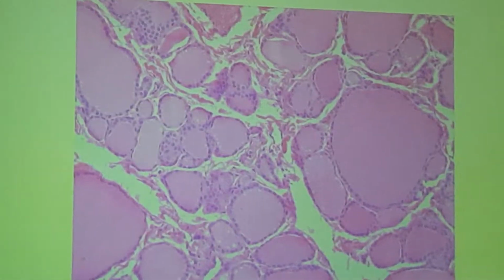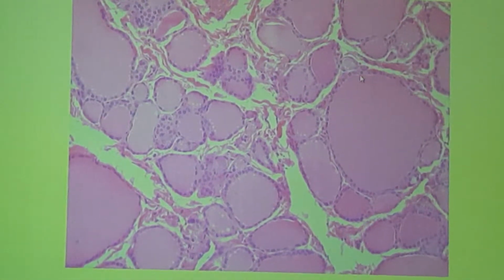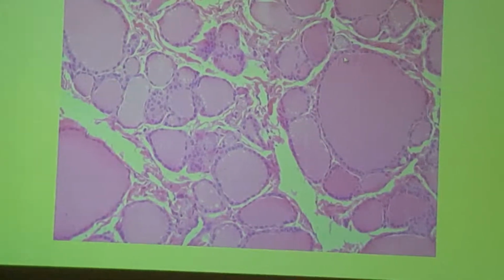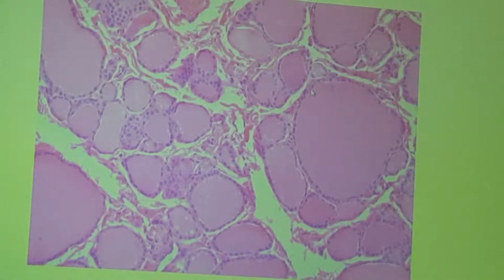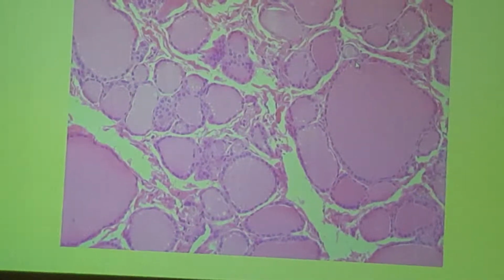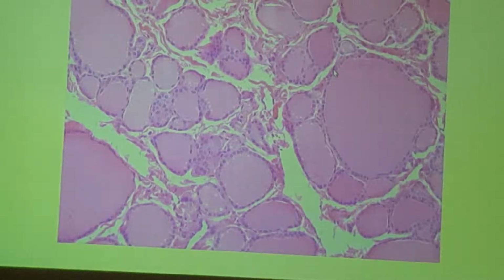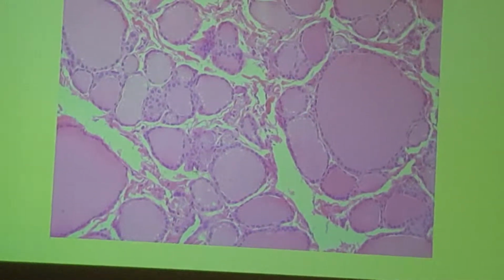26, identify the organ, thyroid gland. 27, name these cells, follicular cells. Those are follicular cells. Parafollicular cells would be like these cells out here.